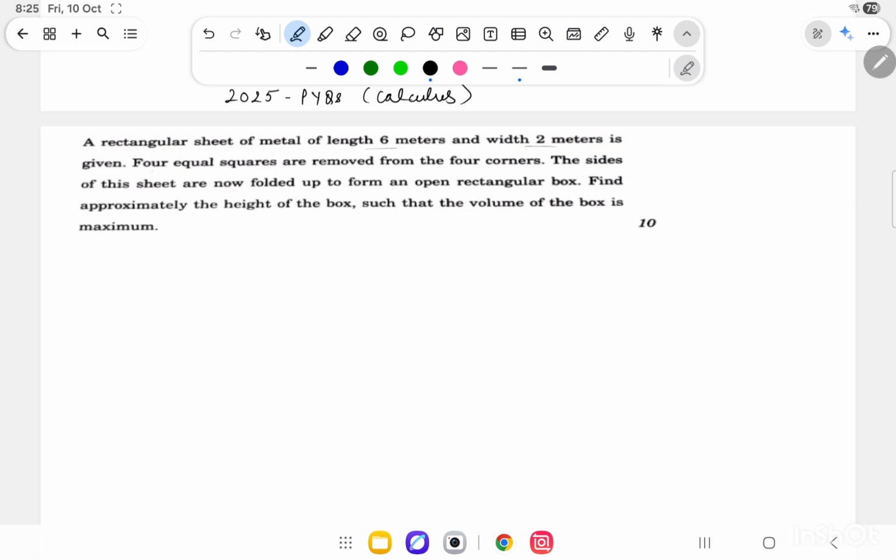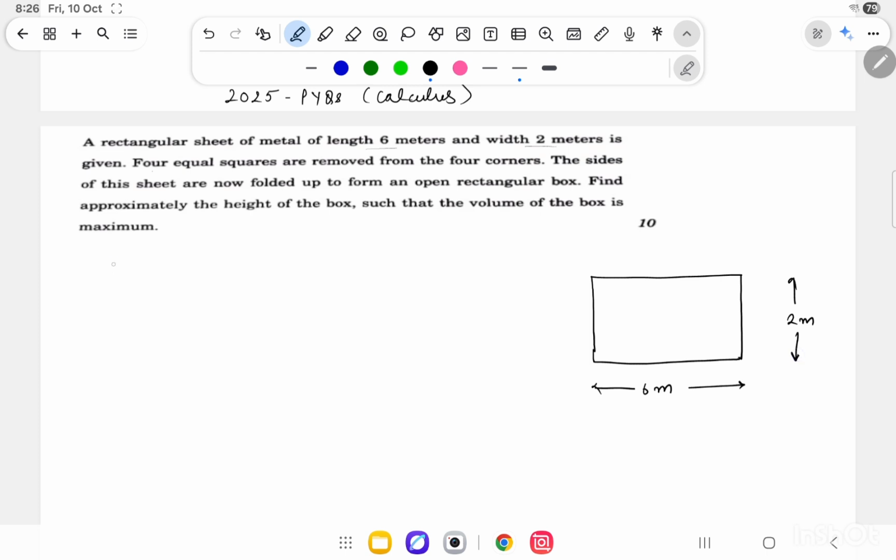Let's just draw the figure and see it side by side. For example, if this is my rectangular sheet and its length is given as 6 meters while its width is 2 meters. It says that 4 equal squares are removed from each corner.